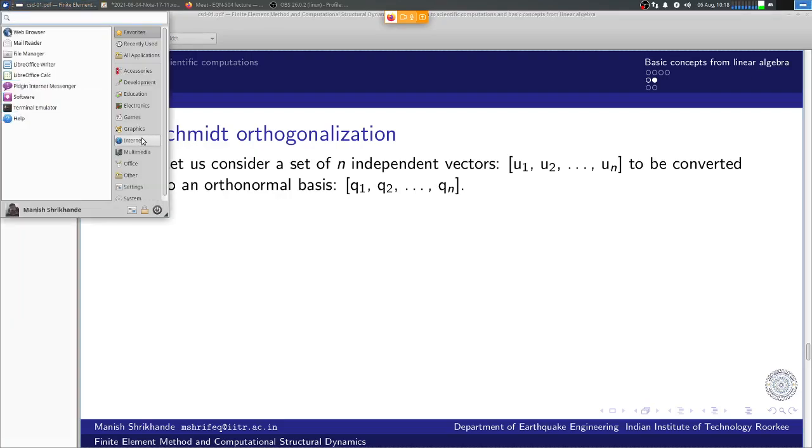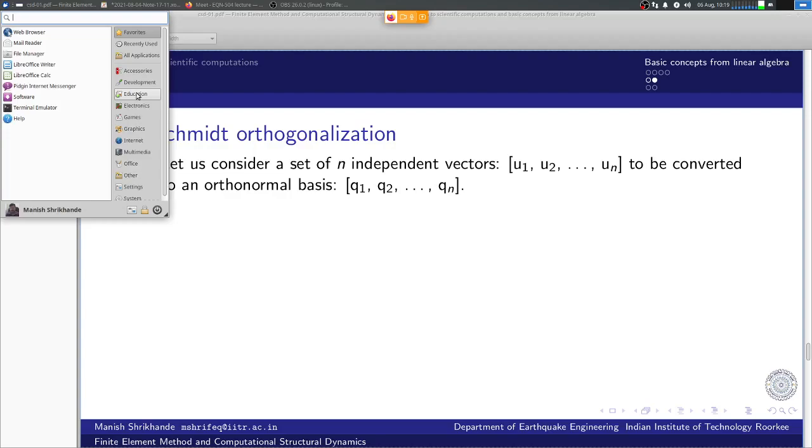Sir, one minute. Sir, these vectors u1, u2 up to un, they are linearly independent, right? But do they themselves form a basis? Yes, they can form a basis. As long as they are linearly independent, they can form a basis. And how do you check for linear independence?